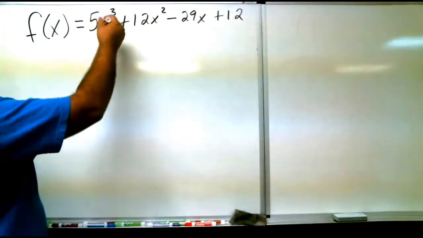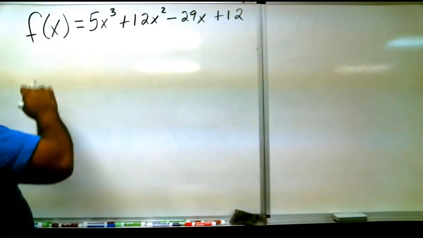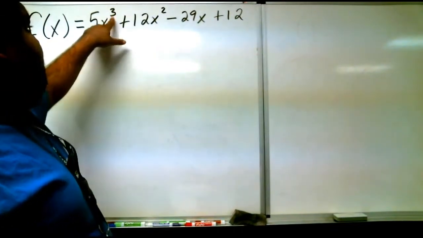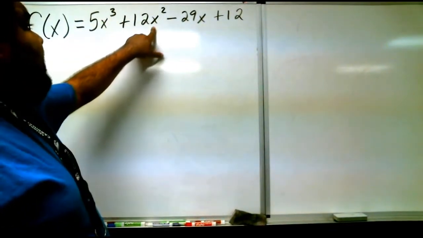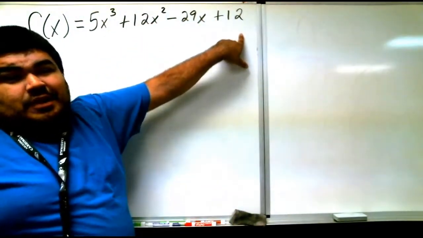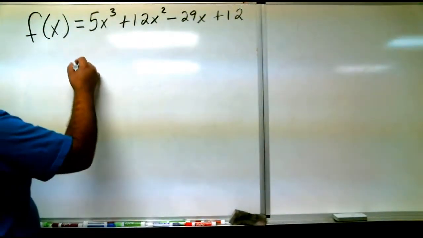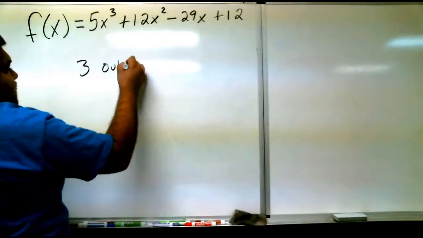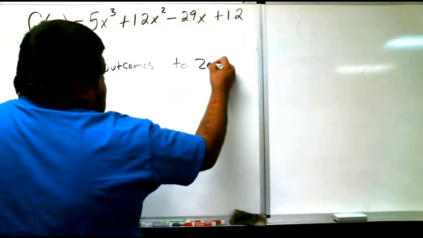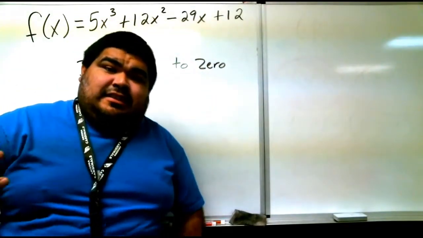So we know that there are three, because remember, our problem for today is f of x equals 5x to the third plus 12x squared minus 29x plus 12. That's the equation. Notice that the leading coefficient is 3, so there's 3 outcomes to 0. So we know there's 3 answers that will give us a 0 at the end in the synthetic division.